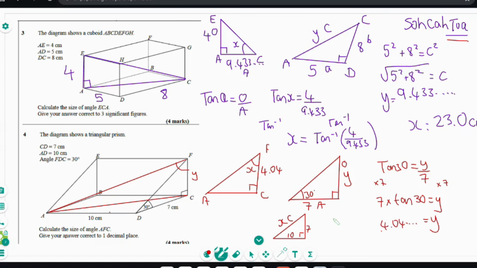So it's the square root of 10 squared plus 7 squared because I'm looking for the hypotenuse. Let's not call it X, let's just leave it as C. Square root of 10 squared plus 7 squared is 12.2. So AC is 12.2. Then we have opposite and adjacent again.